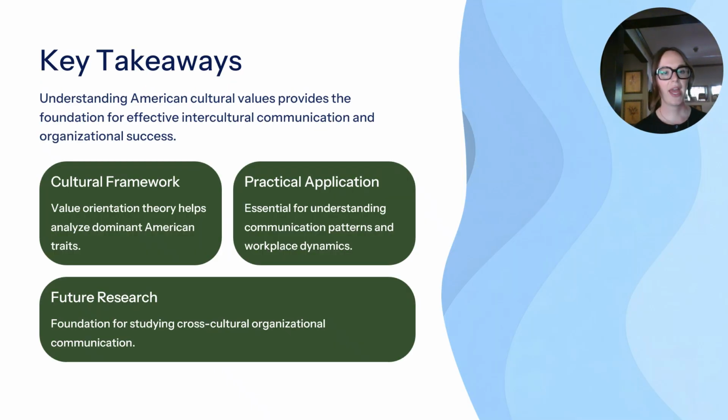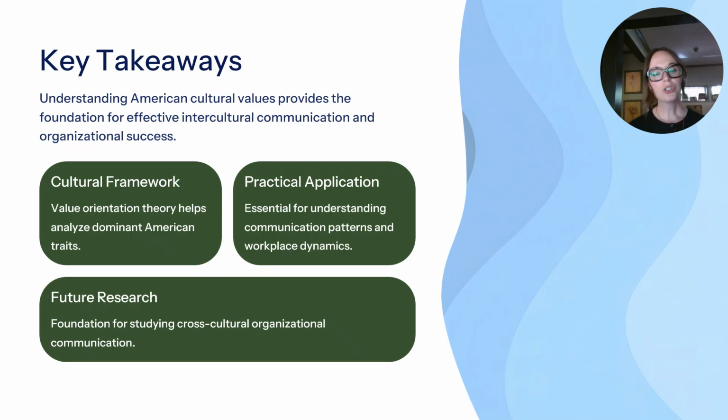Some key takeaways from this chapter and some research application. If this were to be turned into a project, I would want to use it to understand American cultural values. How do people from different cultures than ours bridge those communication gaps and not necessarily conform to the culture that we have here in America, but complement it with their own unique identities that they bring to the table.